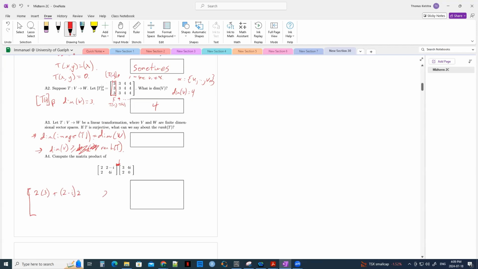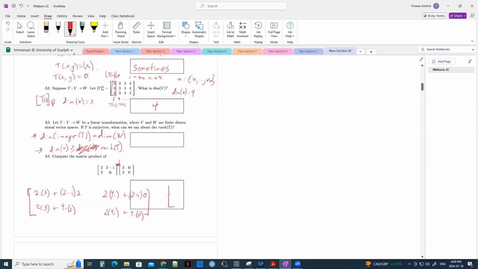Then it's going to be 2 times 4i plus (2 minus i) times 0. Then it's going to be 2 times 3 plus 4i times 2, and 2 times 4i plus 4i times 0.